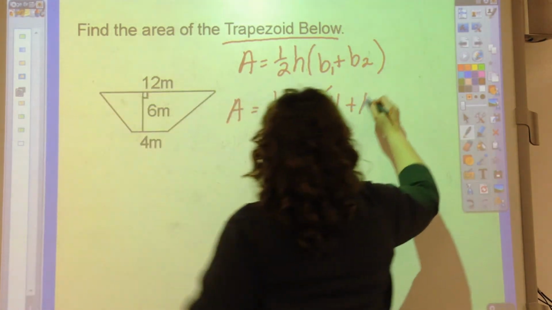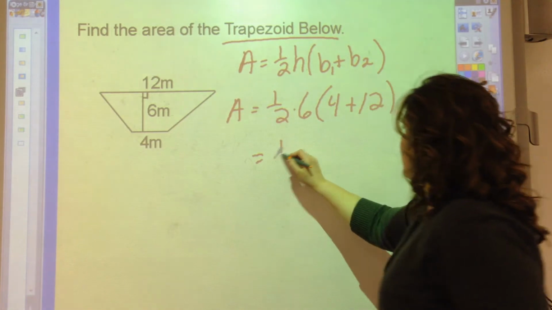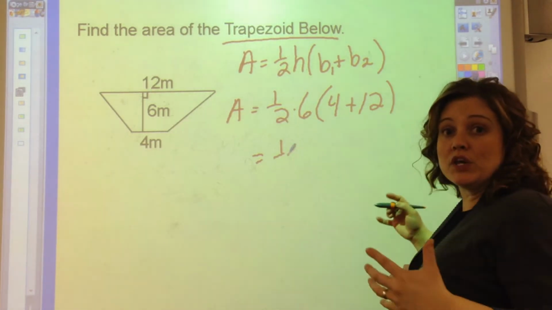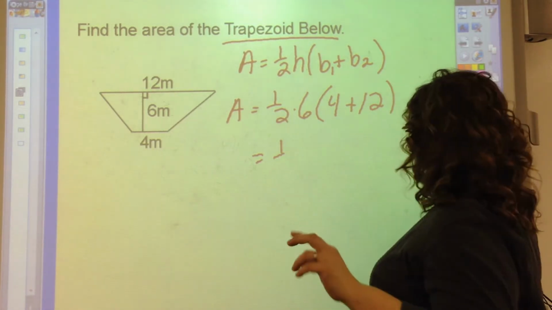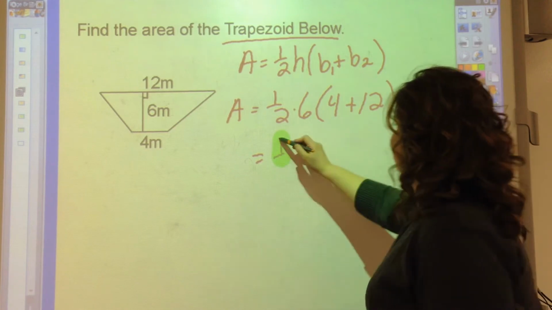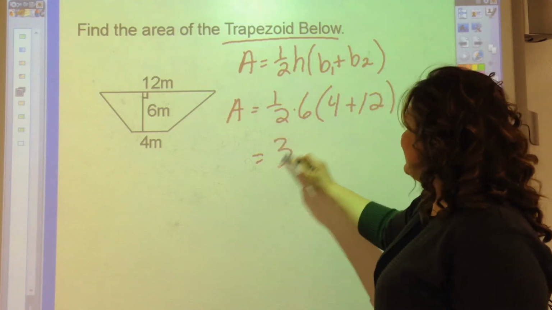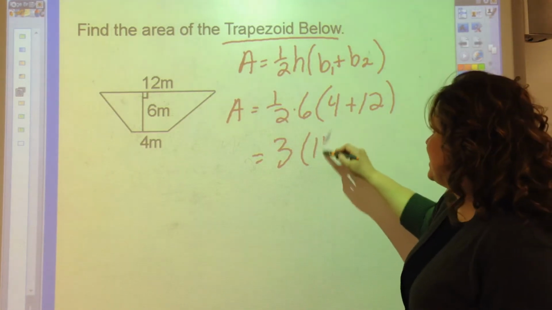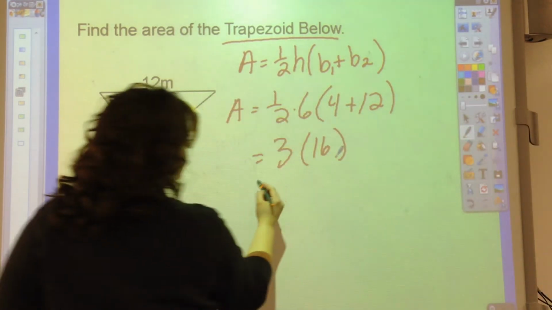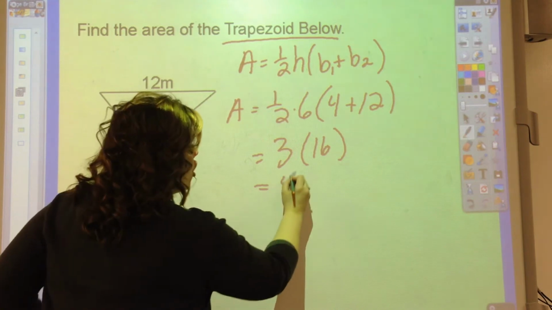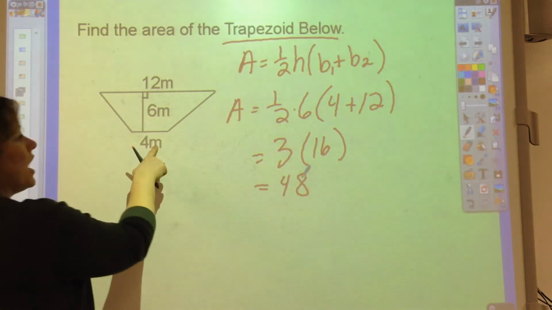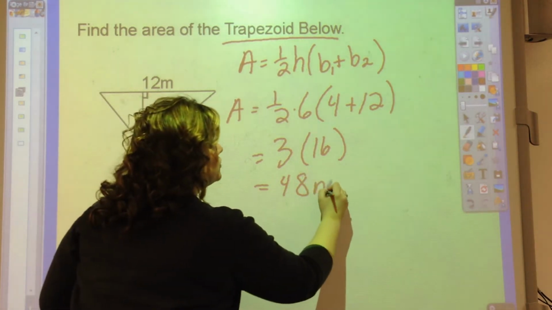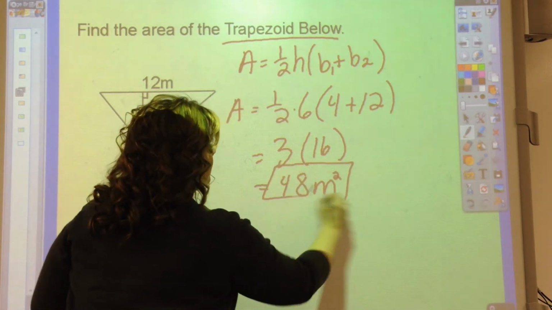And my base 2 is 12. 1/2 times 6, we can go ahead and simplify that to be 3. And 4 plus 12 is definitely 16. When I multiply these two together, 3 times 16, hopefully I get 48. I'm using meters, so my final solution should be meters squared.